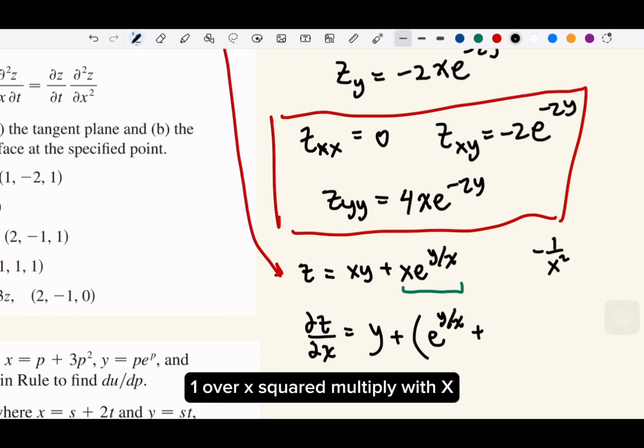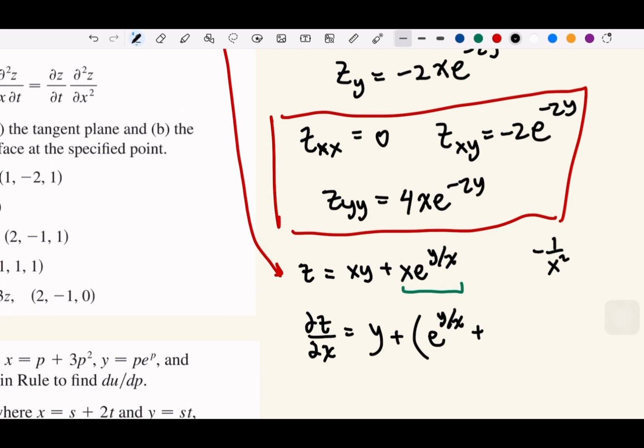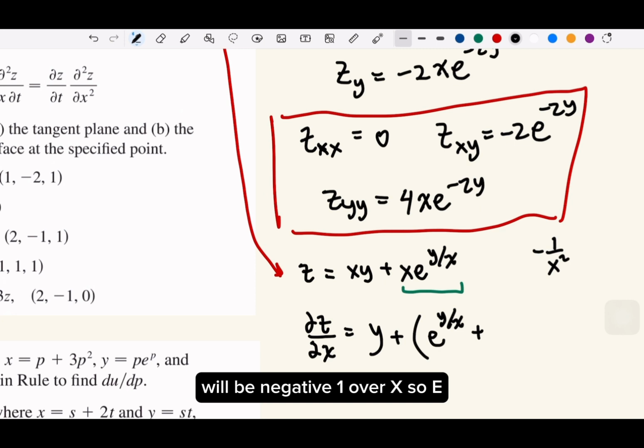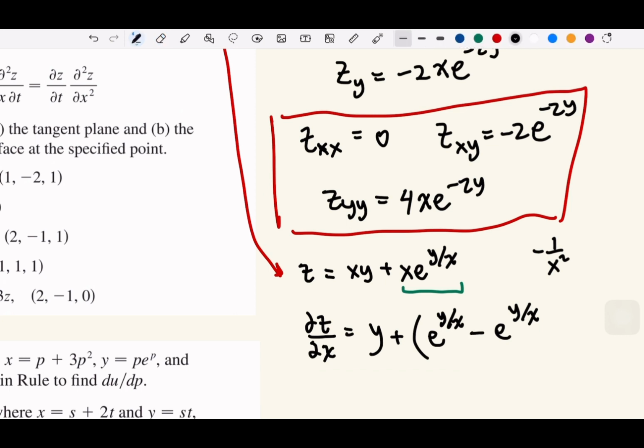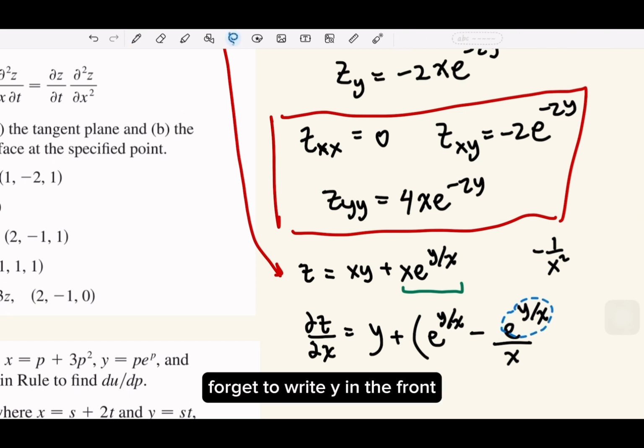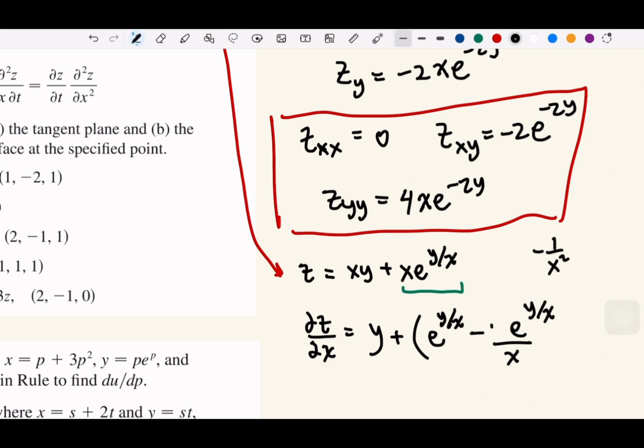Multiply with x will be negative 1 over x. So e^(y/x), and this will be negative y over x. And oh, I forgot to write y in the front. Right?